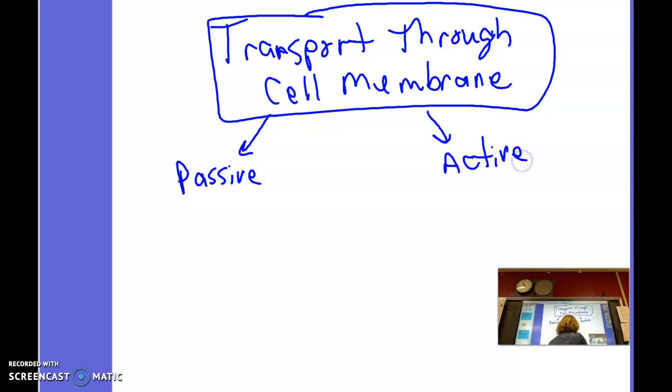These are our two choices. It's either passive or active. And we said passive means without energy.